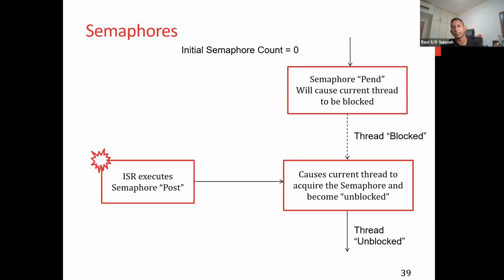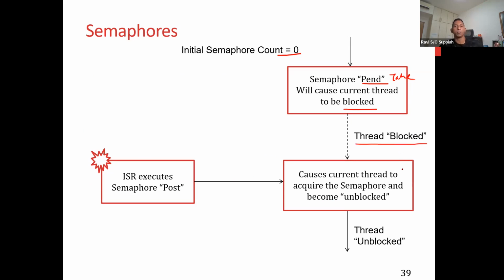Okay, so in this example, the initial semaphore count is 0. If my semaphore count is originally 0 and I try to do a pend or a take, since there are no more resources available, it will cause my current thread to go to a blocked state.